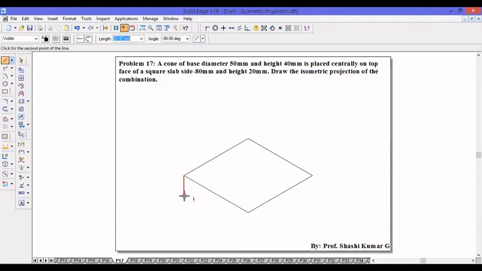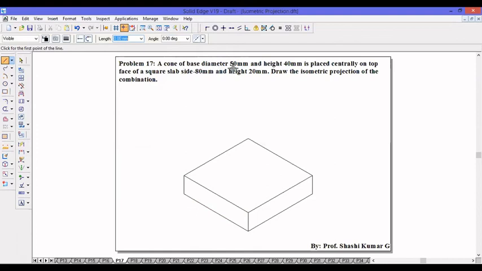From the end point of this 20 mm at minus 90 degree, 80 at minus 30, 80 at plus 30, and join it to the corresponding corners. So this gives us the square slab of size 80 mm.